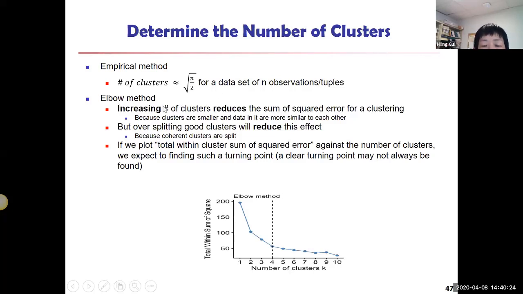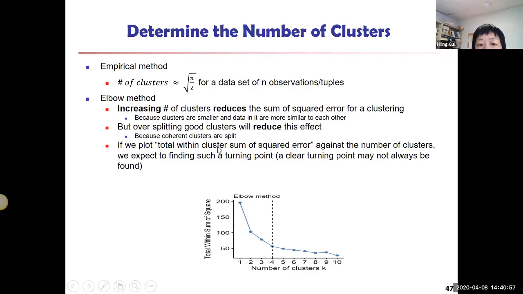The elbow method is based on the observation that the goodness of the clustering is measured by the sum of squared error. If we compute the total within sum of squared error, that is, within every cluster, the total of within-cluster squared error, we will get an error score.